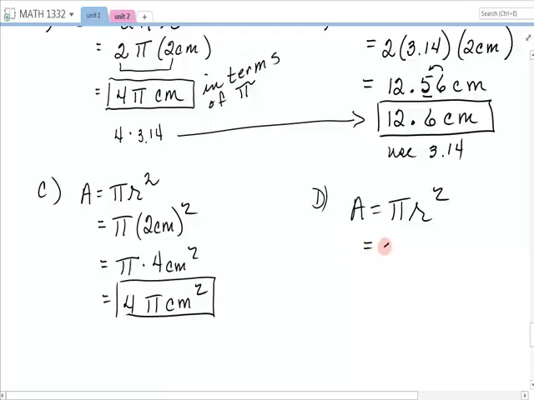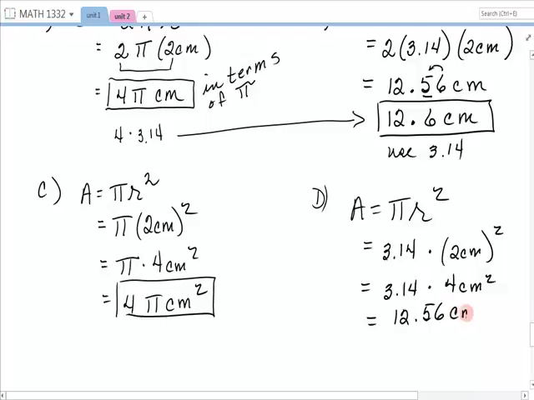I can say it is 3.14 times 2 centimeters squared, which is 3.14 times 4 centimeters squared, which is, and I'm just going to cheat and look, 12.56 centimeters squared, again rounded to 12.6.